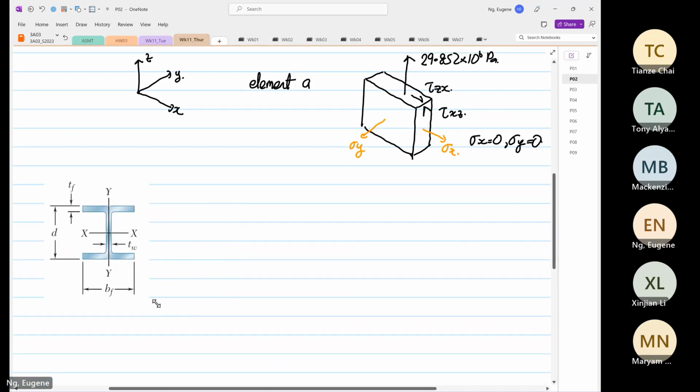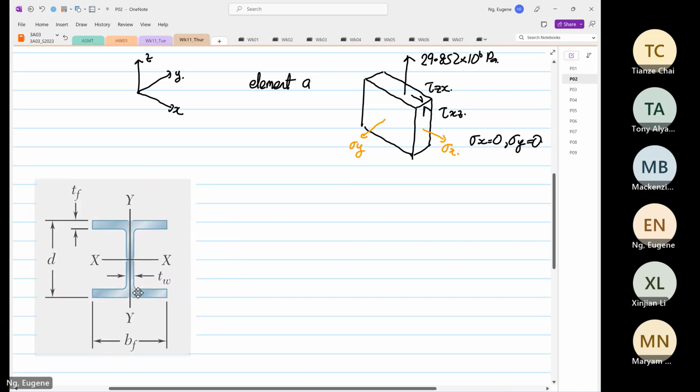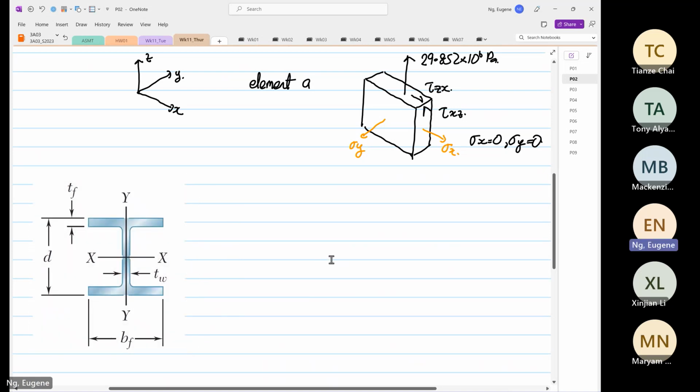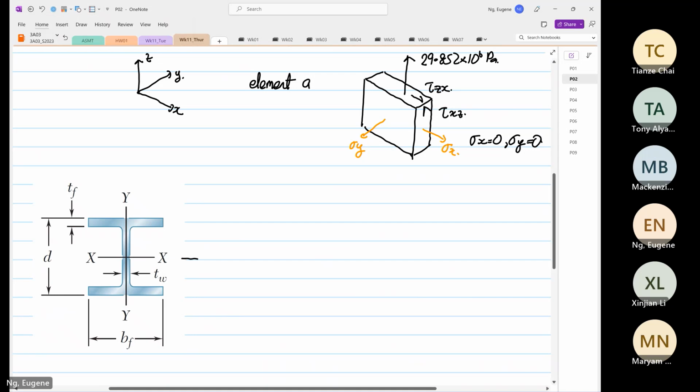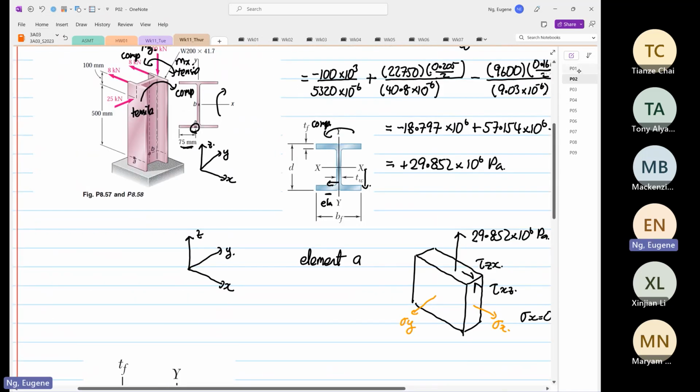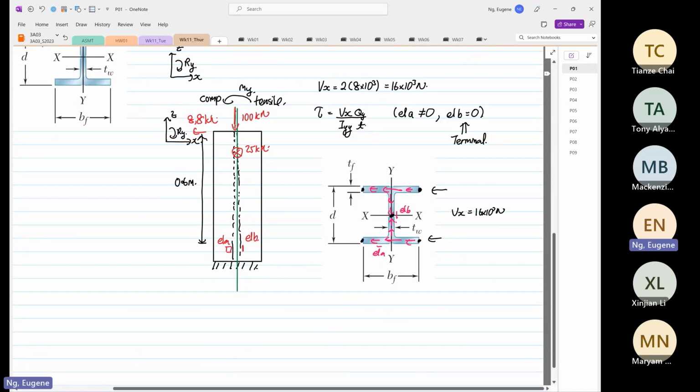So we know that Vx is equal to, which we have calculated earlier, 16 times 10 to the power 3.